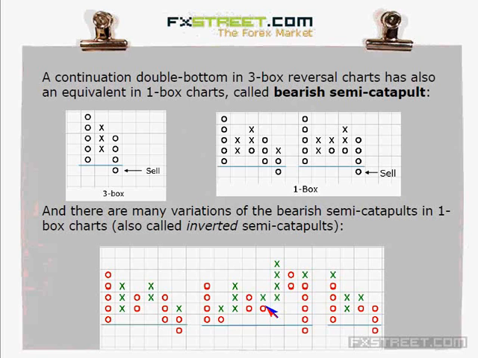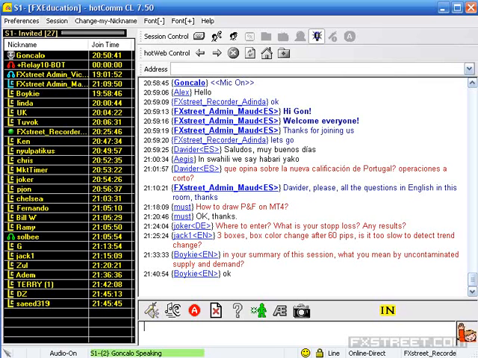You will not see something like this in the 3-box or any multiple box reversal chart. It's something unique to 1-box reversal chart, and it's called a 1-step back. We have covered this phenomenon in our previous webinars. If you haven't checked it, or if you want to learn more about the 1-step backs, please review those webinars where it is explained why it happens and what it means.